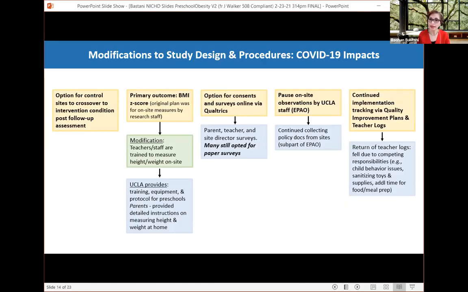We moved from in-person to online consent forms and so on, but still found that in this population, many still wanted paper surveys. They didn't want to do things online. And of course, we had to pause our on-site observations by research staff to assess implementation.